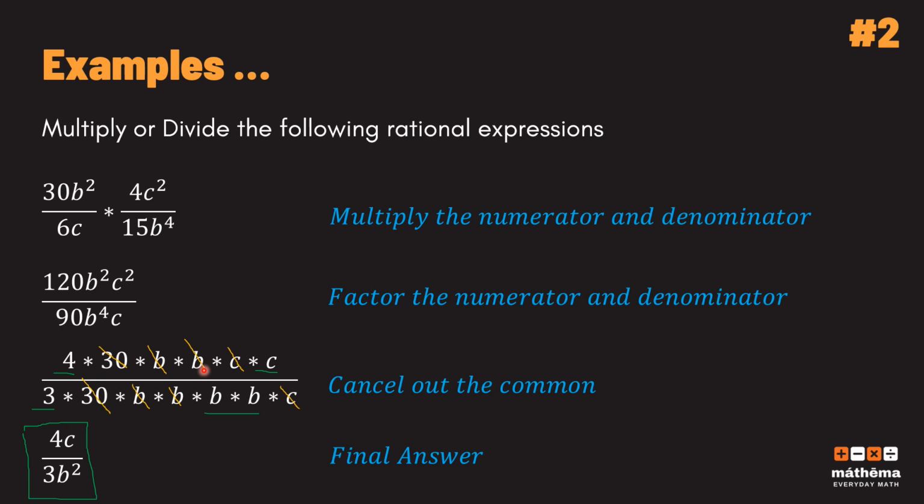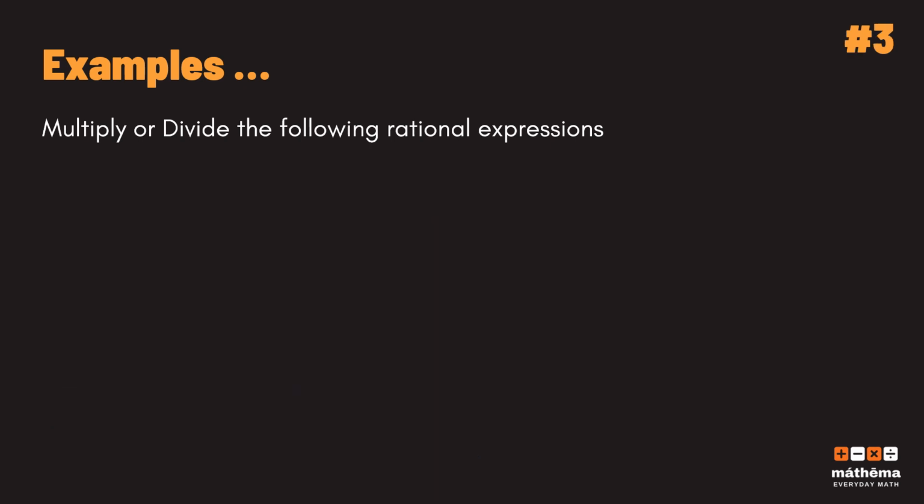Now, allow me to present another way of multiplying rational expressions using the same examples. In our example 1, we multiplied a to the fifth power over 10 times 5 over a cubed.